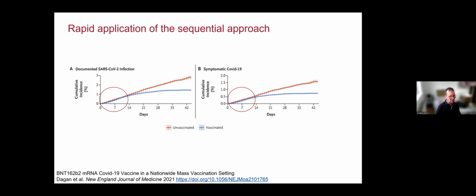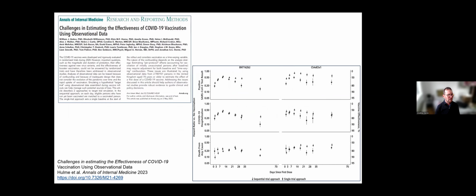So this had two consequences. Firstly, I started becoming convinced, much to the irritation of the rest of the group, that the sequential approach might be the better way to go. And secondly, we thought, well, surely if we implement the sequential approach, we'll be able to get rid of the spurious effectiveness that we see in the first couple of weeks.